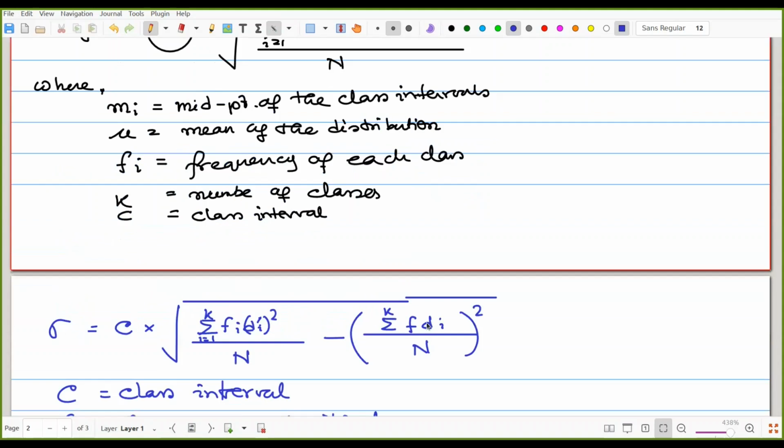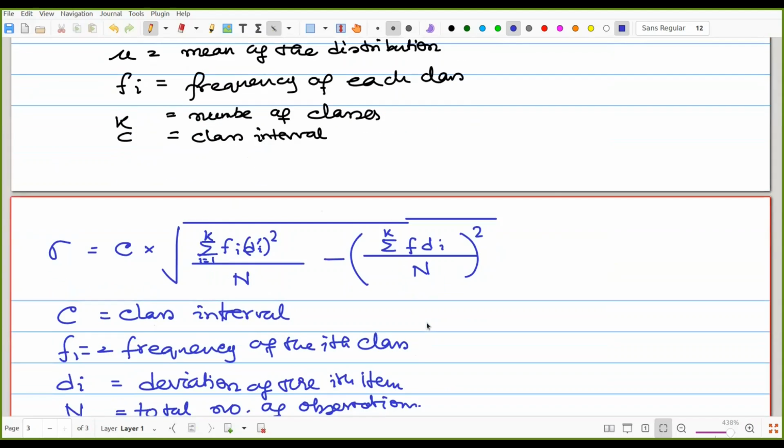Just comparing it, whatever we have found. Look at the thing. I am not writing in that way. Already we know what is the value of C here. Then the square root of the summation of f_i d_i' squared, with i equal to 1 to K, that means whatever the total number of classes is, it is simply our summation of f d' whole square.